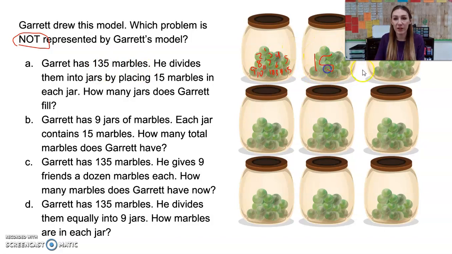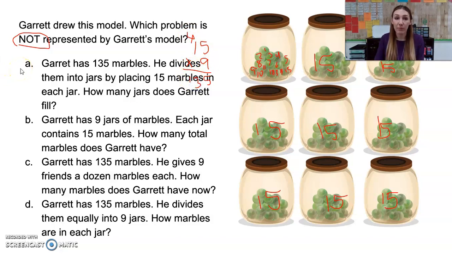So I have 15, 15, 15, 15, 15, 15, and 15. So it looks like he's dividing them into 9 jars. So we would do 15 times 9, and we want to get a total of 135. So 9 times 5 is 45. 9 times 1 is 9, plus 4 is 135.